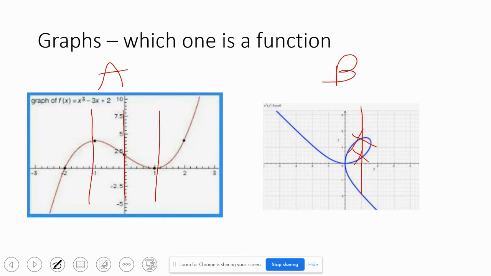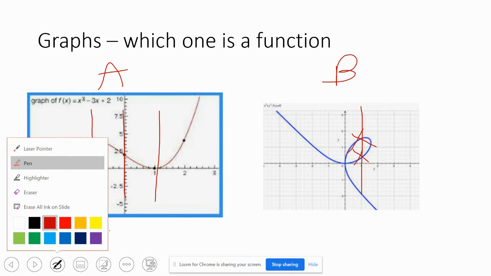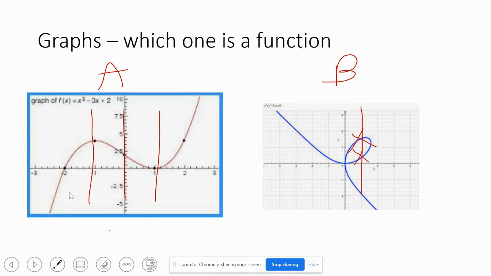Some people like calling it the pencil test. Imagine a pencil rolling across your shape. If, while following the shape, it does not backtrack upon itself, it's a function. Same thing here, but if you follow and you go back on the loop, backtracking in the direction you went, it's no longer a function.